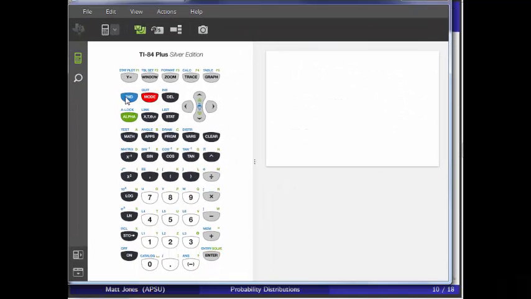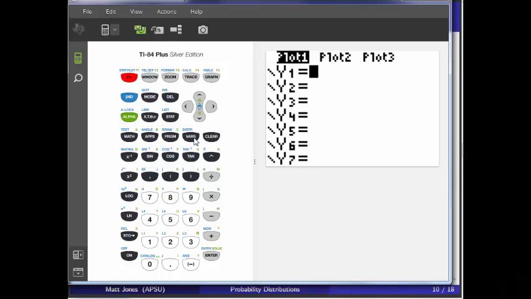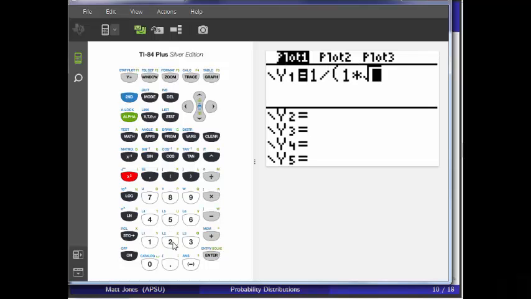So if I go to my calculator, let's say I let the mean be 10 and the standard deviation be 1. If I go to y equals there, then I do 1 over quantity, the standard deviation's 1, times the square root of 2 pi, close all that up, multiply by e raised to the negative quantity x minus the mean.